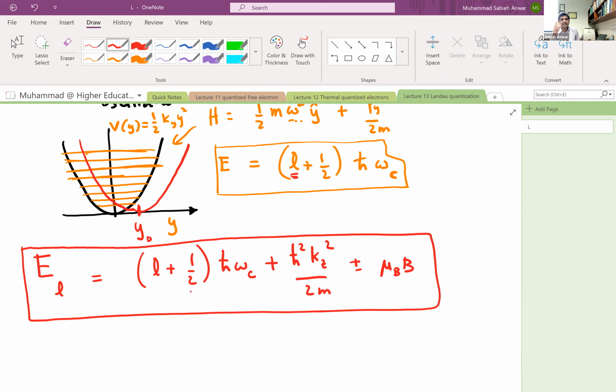The electron in the classical sense is making these cyclotron orbits, but the energies of these electrons, the sea of electrons, becomes quantized. Now let's look at the structure of this equation.